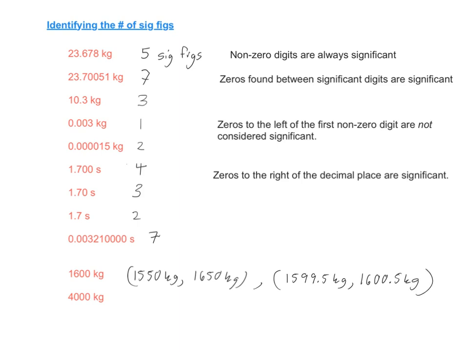Again, to recap, if when you write this integer you intend there to be 2 significant figures, that means your possible range of values in the actual experimental measurement were in this range. But if when you write this you really intend that these 2 zeros here are also significant, so there's a total of 4, then you really mean that this answer that you wrote here is in this range, somewhere between these 2 numbers. So it's ambiguous.